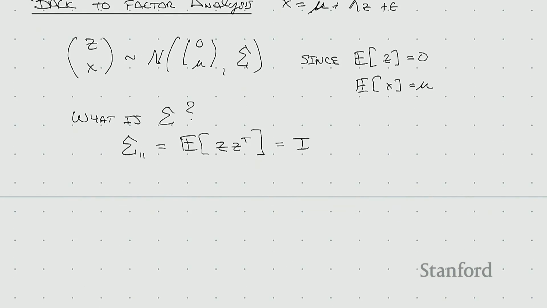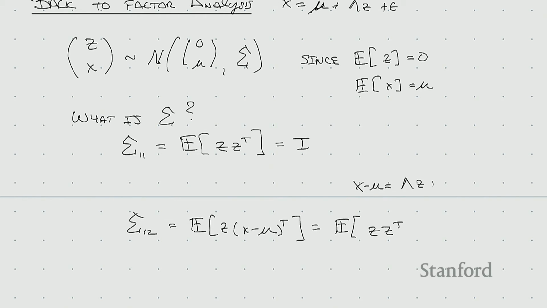Okay. What is sigma 1,2? Well, it's going to be the expected value of Z times (X minus mu) transpose. What does that actually equal? Well, X minus mu equals what? It equals lambda Z plus epsilon. That's just the model. I just subtracted off the mu on both sides.